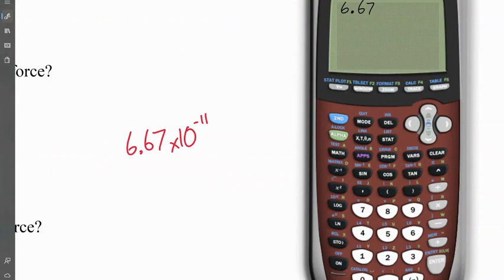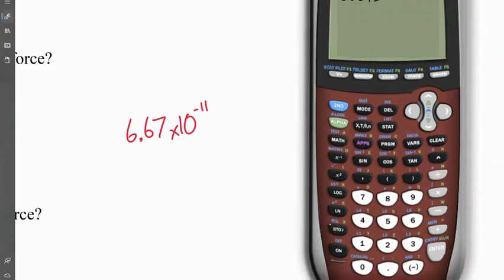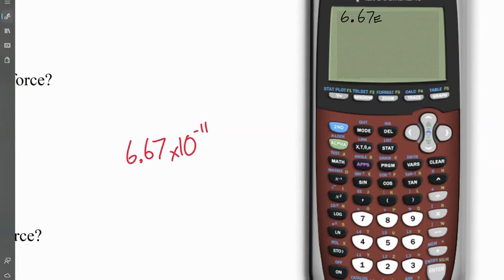And then times 10 to the would be second, comma, and that would show up on your calculator as a small capital E. Times 10 to the negative, remember to use the negative sign and not the minus sign. So E negative 11. 6.67 E minus 11. So E just means times 10 to the, and then we have the negative 11th power.